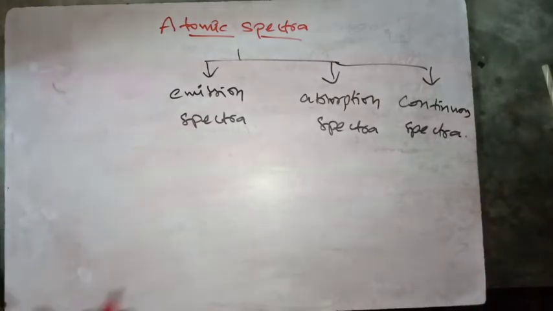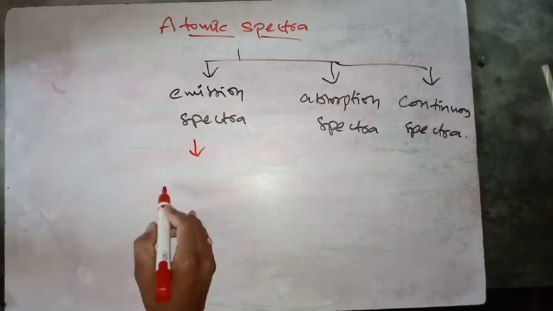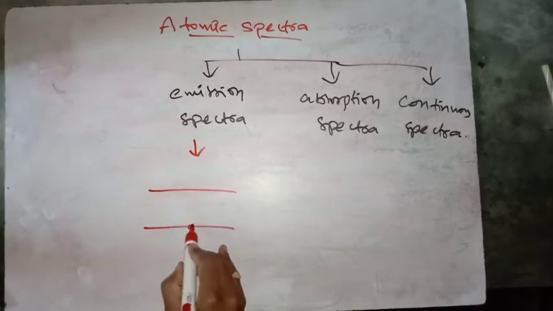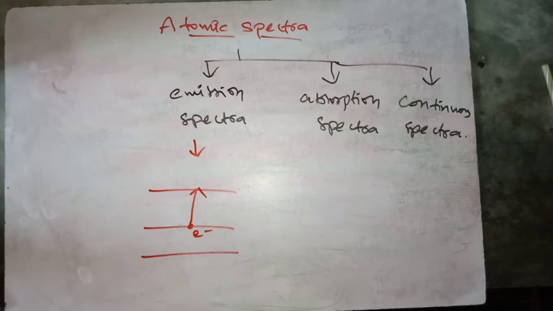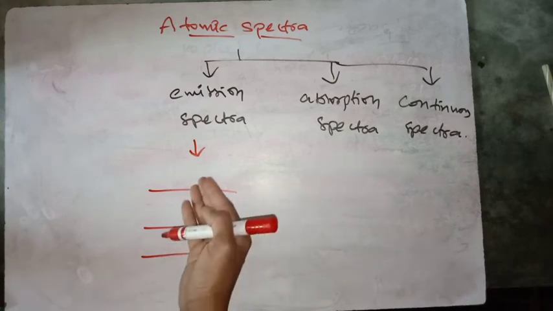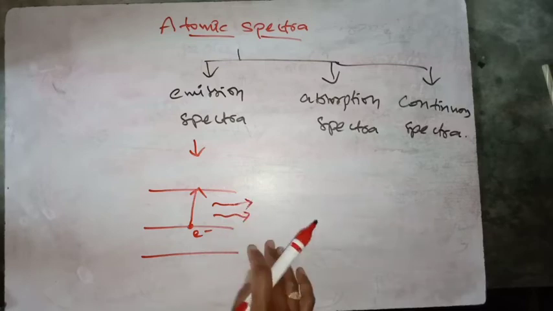What is emission spectra? Emission spectra is observed when an electron is excited and it emits energy.